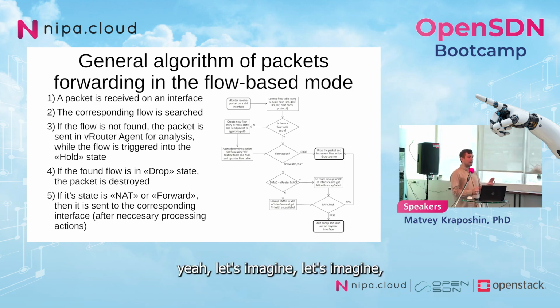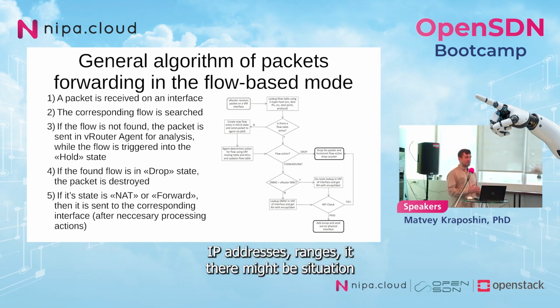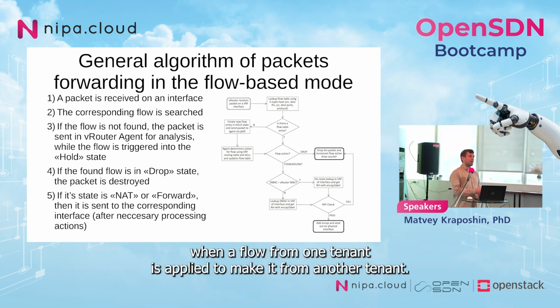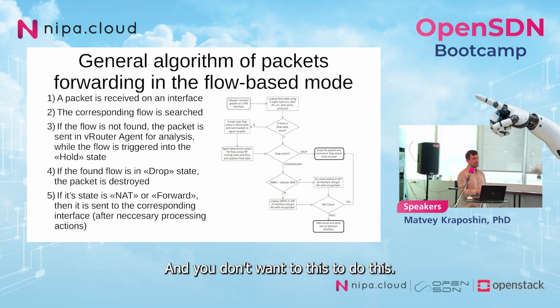Because let's imagine that you don't have VRF number, and you have tenants who have intersecting IP addresses. In this case, if you have tenants with intersecting IP address ranges, there might be a situation when a flow from one tenant is applied to packets from another tenant, and you don't want to do this.